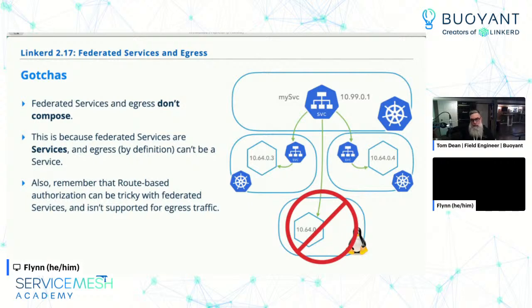It doesn't make a lot of sense to talk about including some egress whole CIDR block in a service, but it's still a thing that I wanted to put in here because in a lot of cases, when you talk about egress traffic, you will be talking about a single IP address. And it might seem natural to go, oh, yeah, let me try to use a federated service to span a bunch of these things. Can't do that.